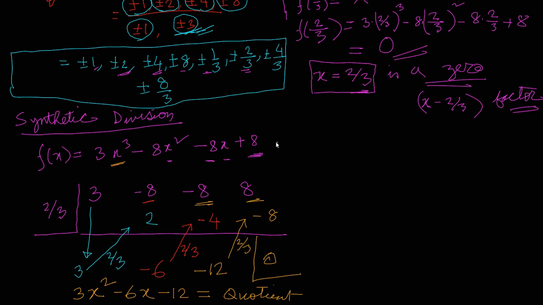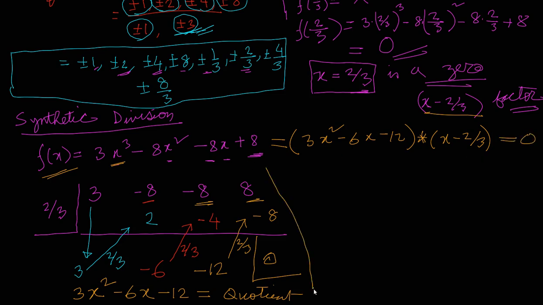Alright, so let's rewrite my function. The function is my quotient, which is 3x squared minus 6x minus 12, multiplied by this factor, which is x minus 2/3. Now as I want to find all the real zeros of this function or x-intercepts, f(x) needs to be equal to 0. So I'm equating f(x) equal to 0.